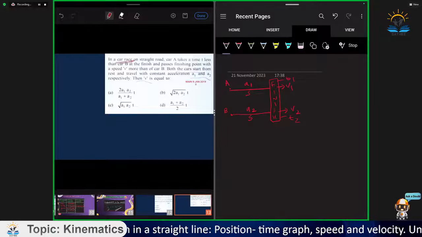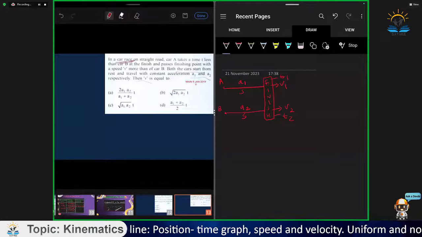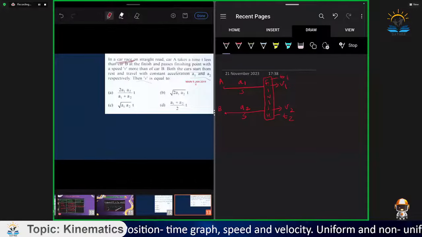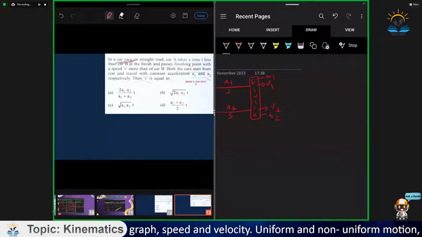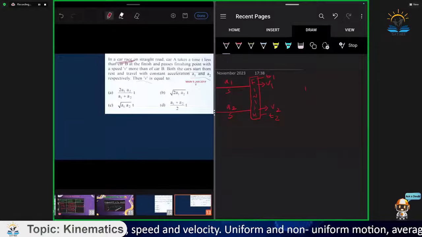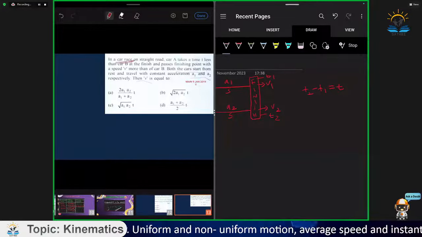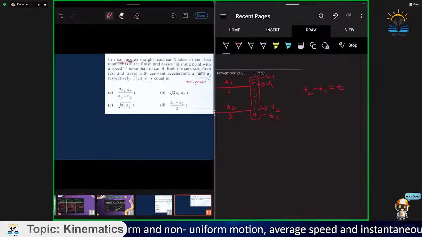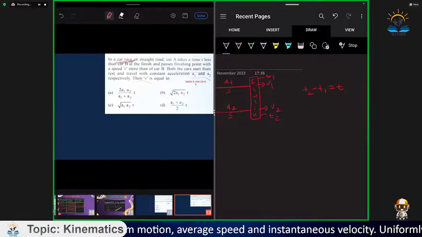And it's given in the question that car A takes a time T less than car B. That means T2 minus T1 is T. Car B's time is T2, car A's time is T1. T2 minus T1 is T, and V1 minus V2 is V.